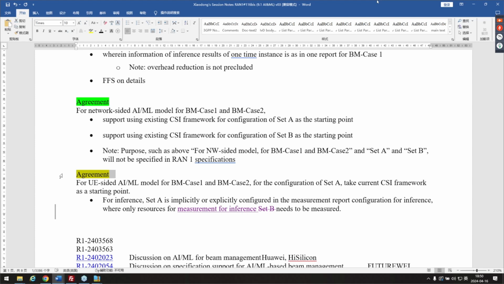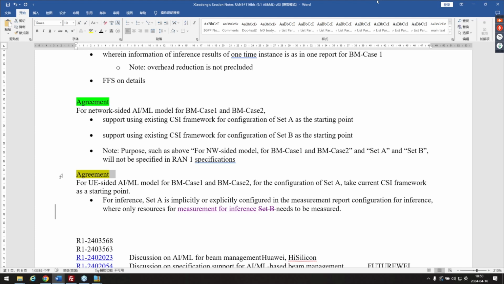Or we can say we're only resource for just delete the strike through, just use that B. In the last session, the company said that if it is not for inference, perhaps the configuration is not needed.